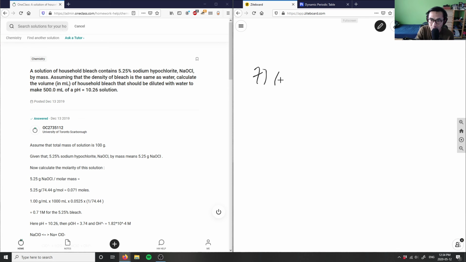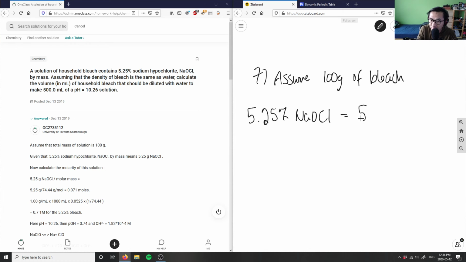So I'm going to say assume 100 grams of household bleach. Therefore we can say that 5.25 percent NaOCl equals 5.25 grams of NaOCl. So now we have something in grams, which is great.